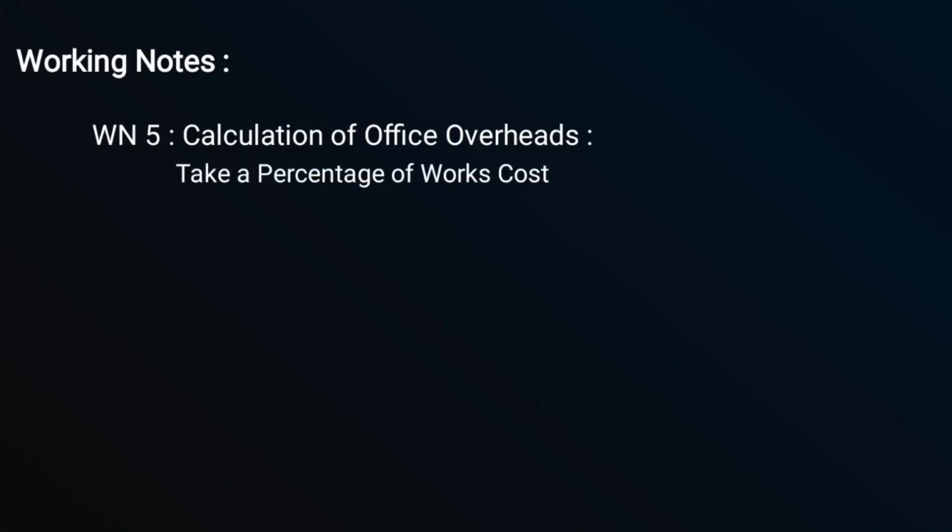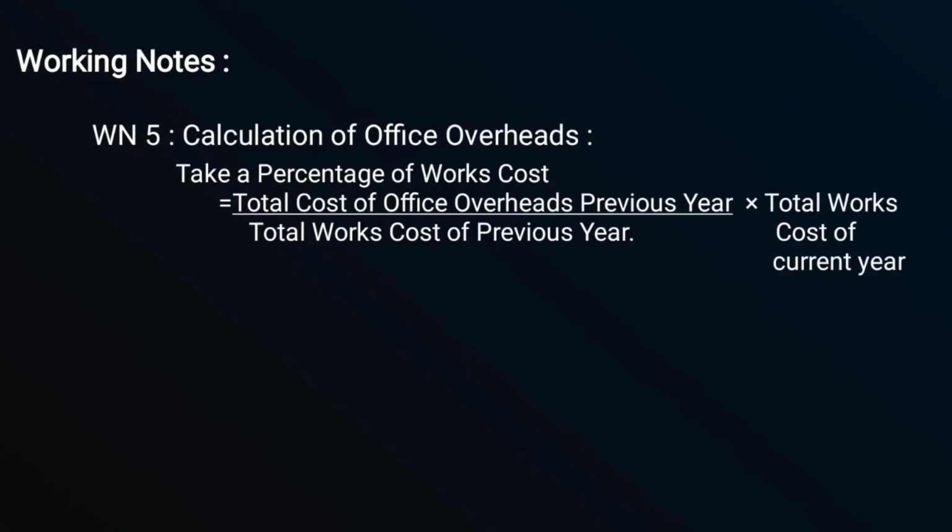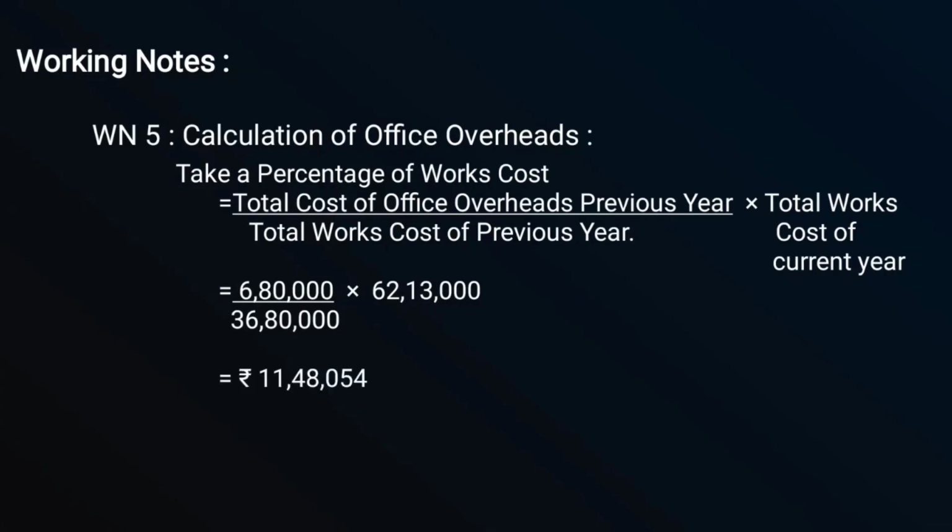Take a percentage of works cost, which will be equal to total cost of office overheads of previous year divided by total works cost of previous year into total works cost of current year, which will be equal to 6,80,000 divided by 36,80,000 into 62,13,000, which will be equal to rupees 11,48,054.